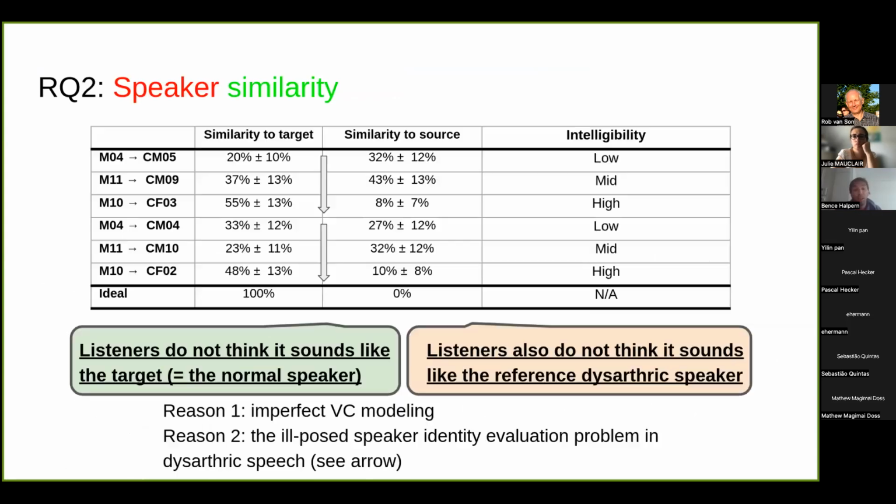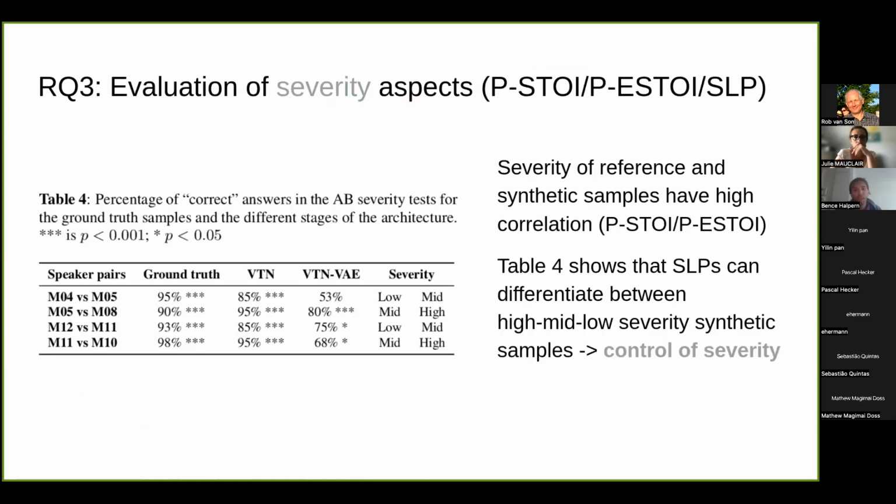When evaluating the severity with the speech language pathologists, it was a very simple A/B task. They have to decide which is more severe, and we didn't have any specific text for that.